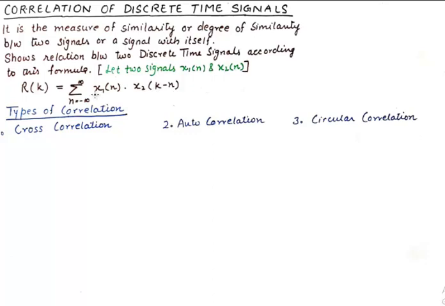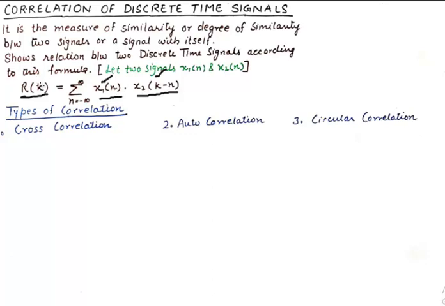Now if you look at the formula for correlation, it is given by R of k, and you simply multiply the first signal with the inverted version of the second signal. You can see it is x1 of n, so this is x2 of minus n, and of course it is shifted and you vary n from minus infinity to infinity.